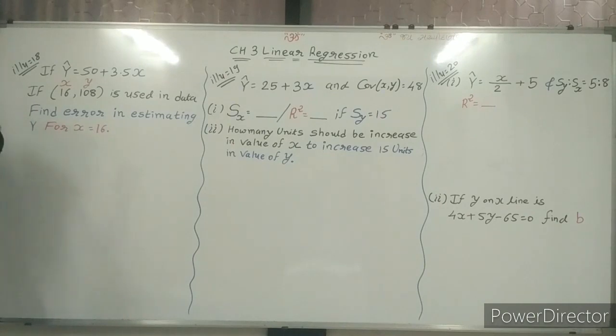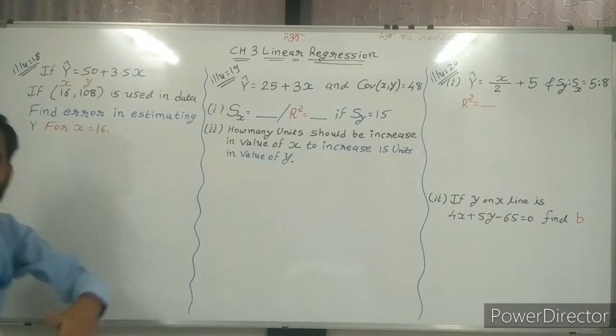Always in a bracket, whatever information is given, first is x, second is y, used in this data. This is written in short after reading the question. Now find the error in estimating y for x is equal to 16.